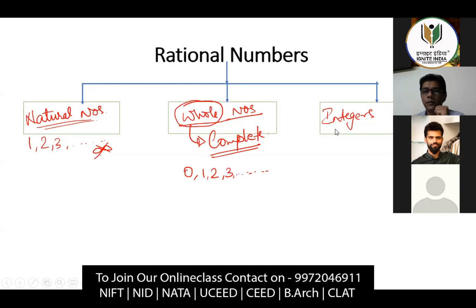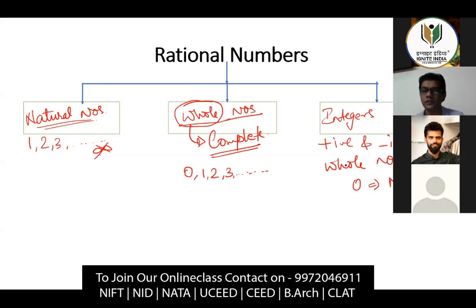Now coming to integers. I'm sure many of you know what integers are. Integers are basically numbers when I start giving positive and negative sign to the set of whole numbers, where 0 is basically neutral.